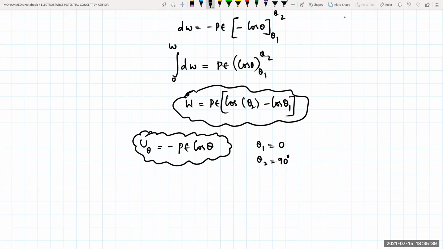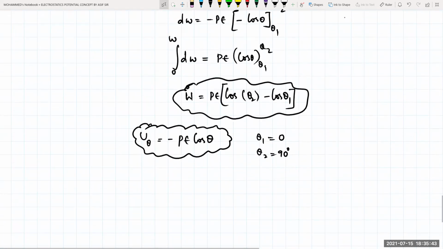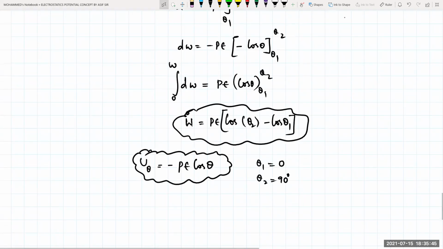So work done in rotating a dipole will always be equal to how much, beta? Work done by the electric force is PE times cos theta 2 minus cos theta 1.